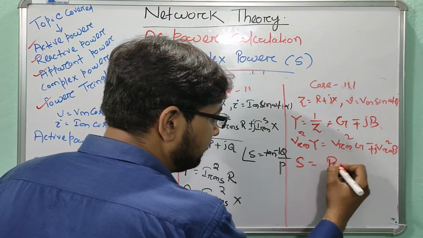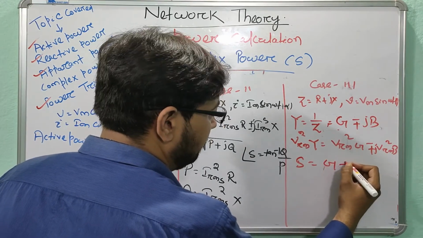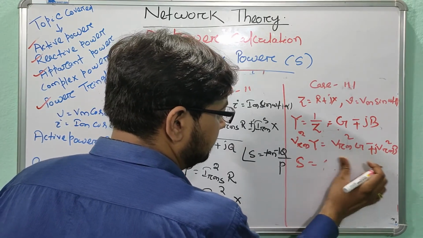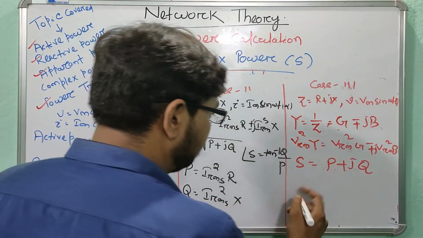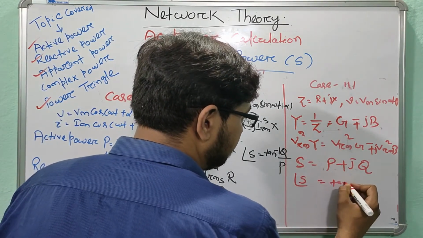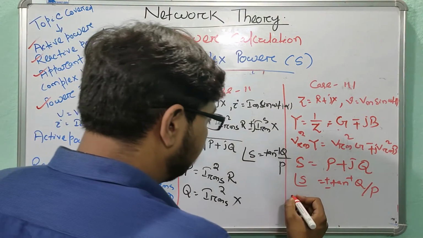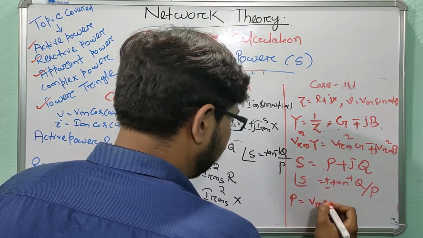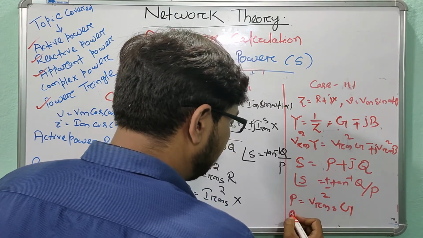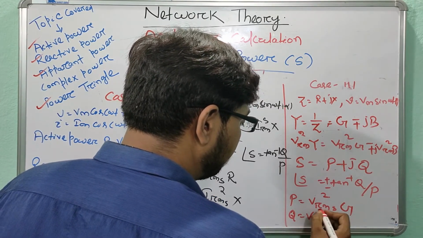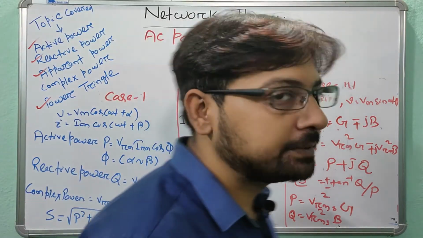S is equal to P plus jQ, and what is my angle? The angle is tan inverse of minus or plus Q by P. Then what is my P value? P is equal to Vrms square into G, and what is my Q value? Q is equal to Vrms square into B. So these are all three cases of a complex power derivation.